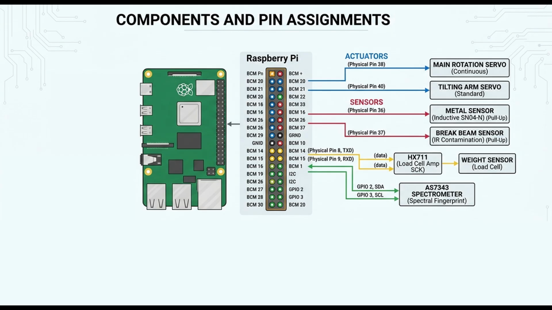The brick IR sensor is connected to GPIO 26. The weight sensor, or the HX711 load cell, is connected to GPIO 14 and 15. And the spectrometer is connected to GPIO 2 and 3.